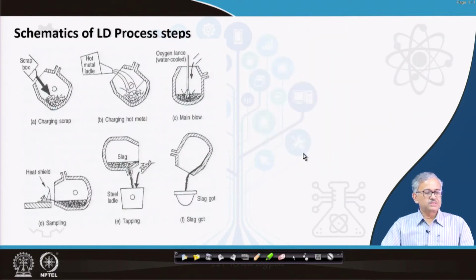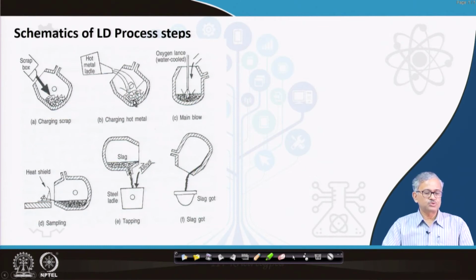Now I will come to the schematics of the LD process: how the LD process starts, what is the sequence of charging of different raw materials, and when the refining takes place. First you can see from the scrap box, the scrap is charged directly into the vessel like this, and then the hot metal is charged over the scrap.